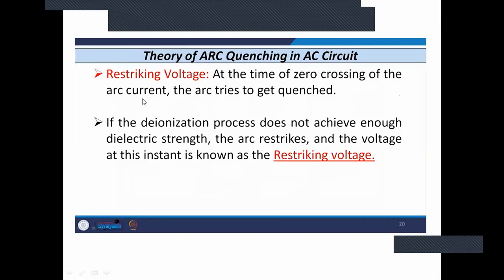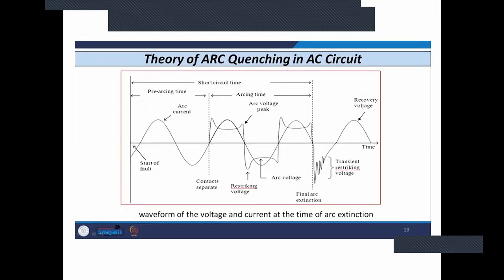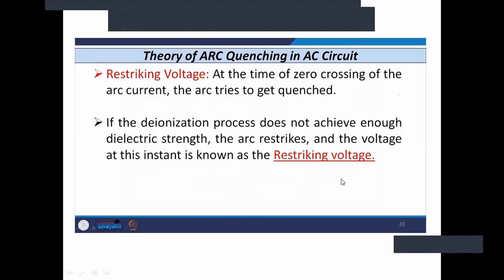Now what is restriking voltage? At the time of the zero crossing of the arc current, the arc tries to get quenched. If the deionization process does not achieve enough dielectric strength, the arc restrikes, and the voltage at this instant is known as restriking voltage.